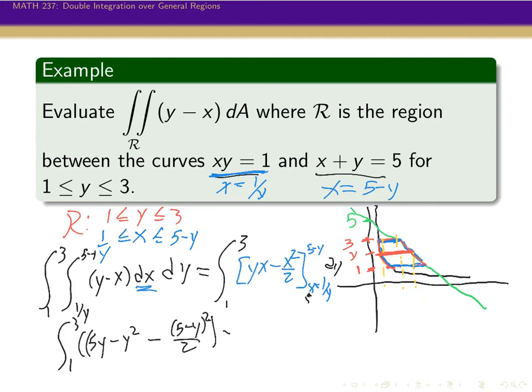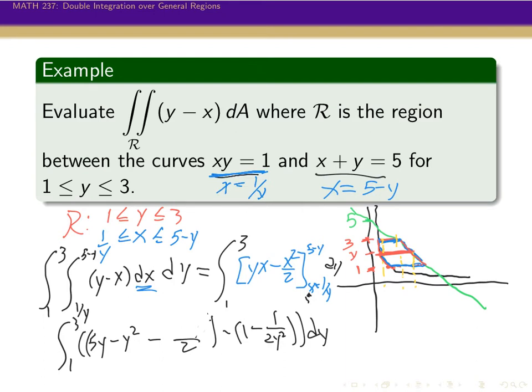So y times 1 over y gives me 1 minus 1 over 2y squared, dy. So let's see, we should do the 5 minus y squared. That's going to be 25 minus 10y plus y squared.